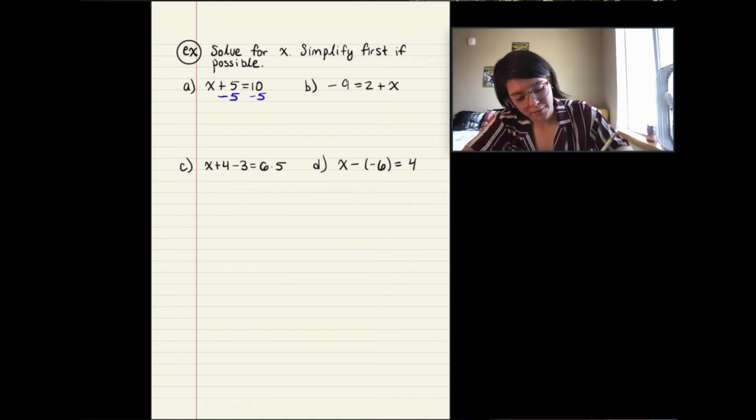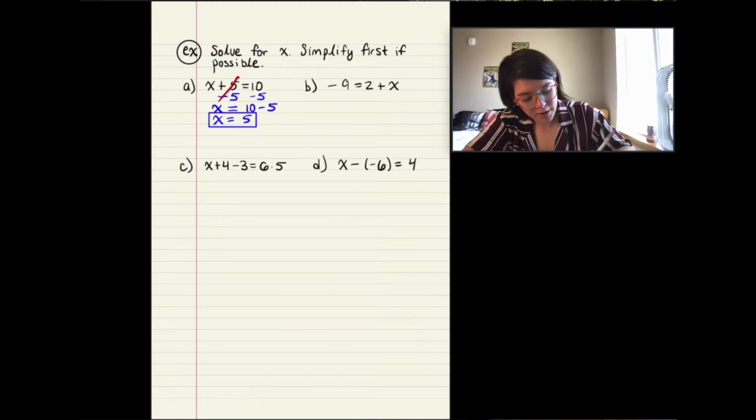So we have 5 minus 5, which cancels out, which is what we want. And so on the left side of the equation, we have x left over on its own. And then on the right side of the equation, we have 10 minus 5. And 10 minus 5 is just 5. There we go.